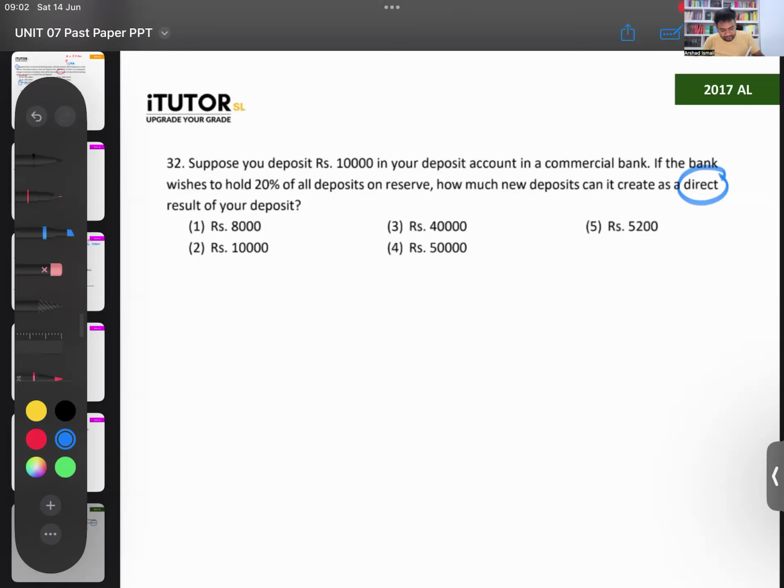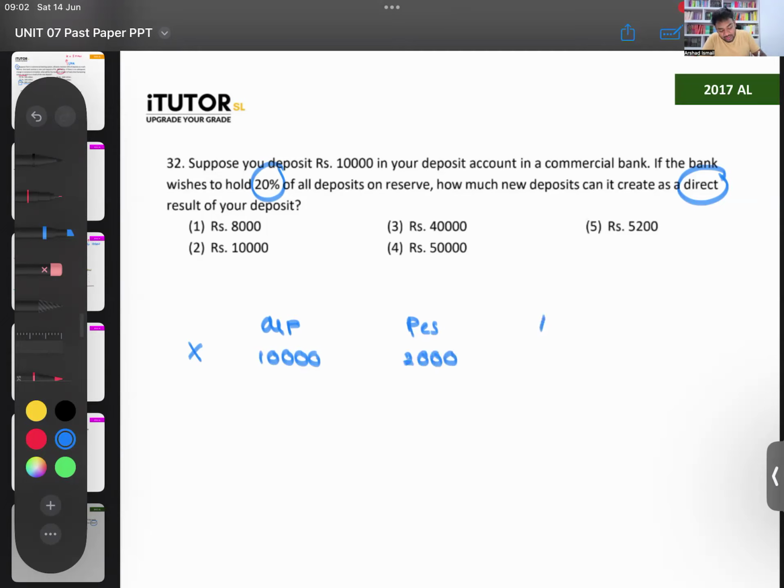So we'll see. There is one bank, bank X. To bank X, there is a 10,000 deposit coming. SRR is 20%. How much do you think they will keep as reserves? This bank would keep 2,000 as reserves. 20% is 2,000.